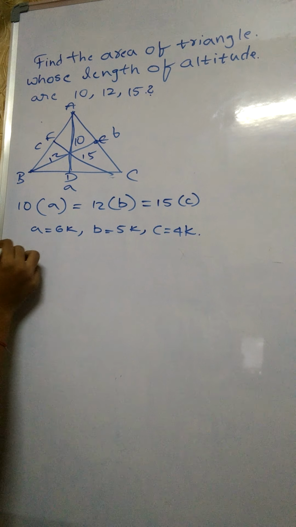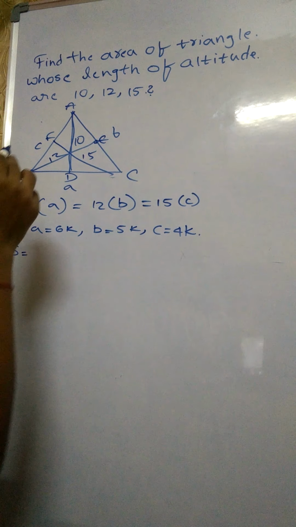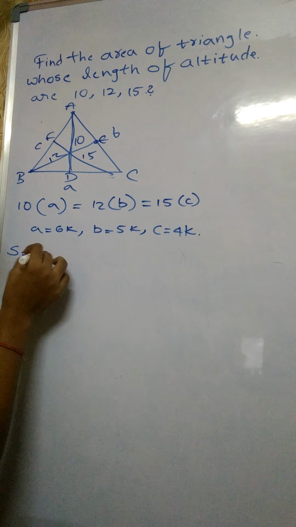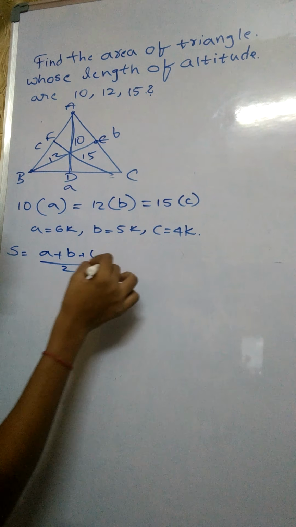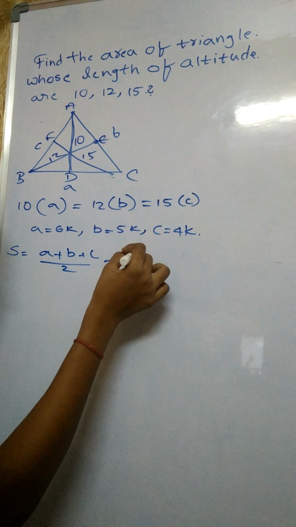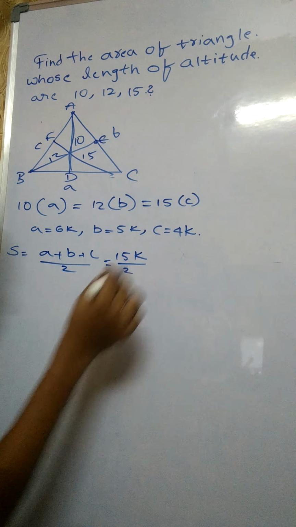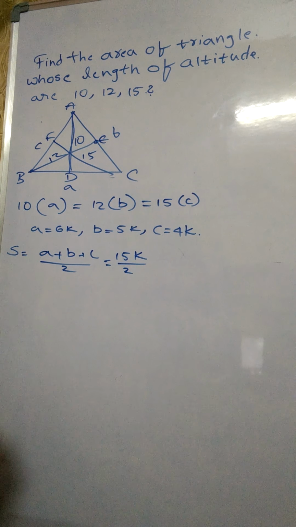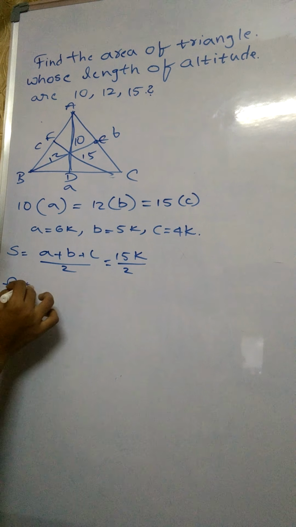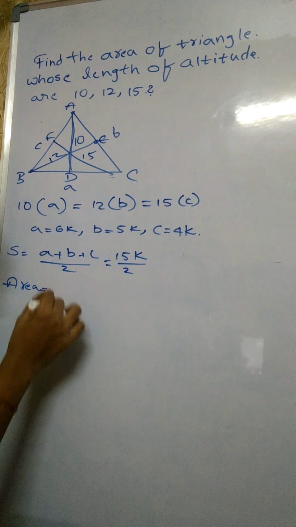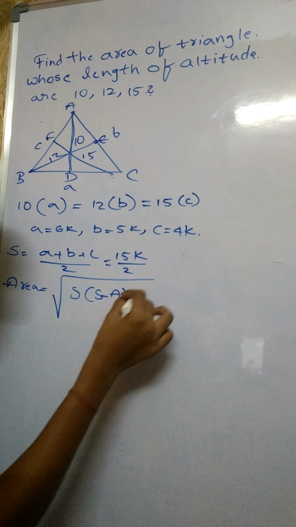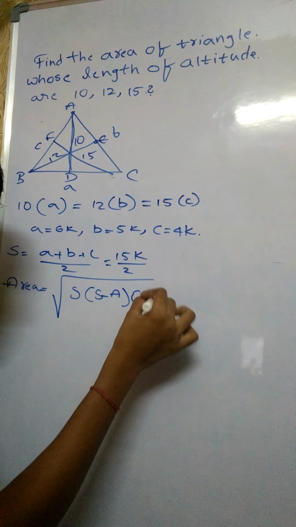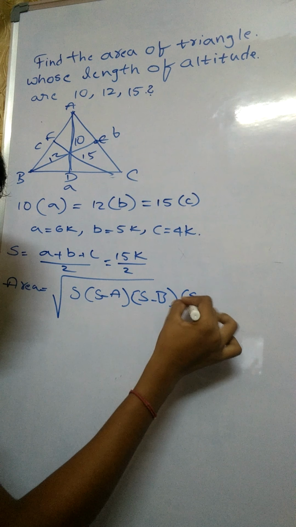Then s is the semi-perimeter of this triangle, (a plus b plus c) by 2, that is equal to 15 by 2 into K. Area of triangle is under root s into (s minus a) into (s minus b) into (s minus c).